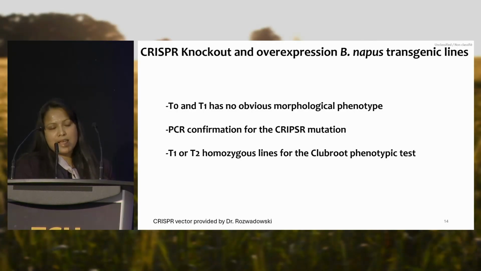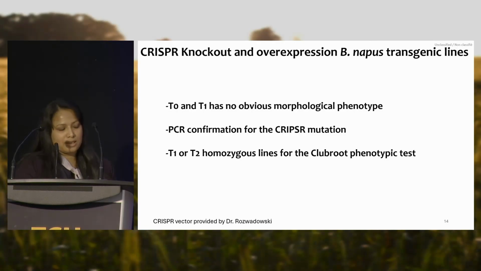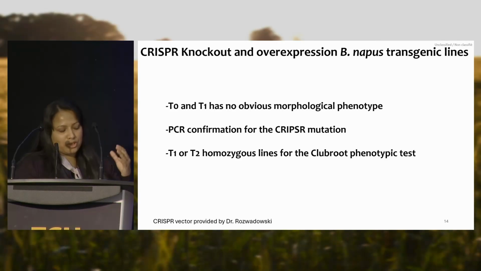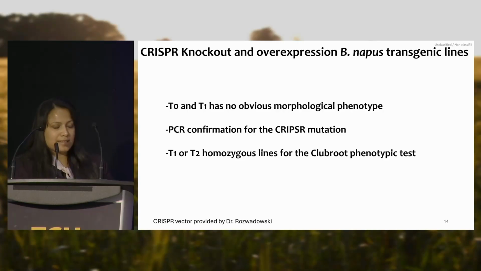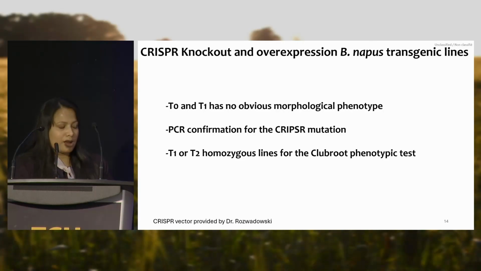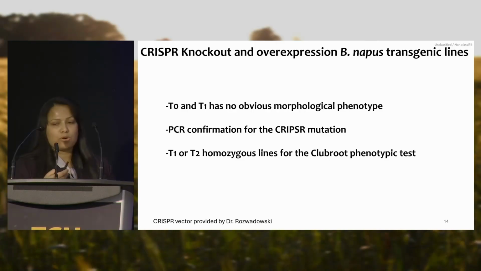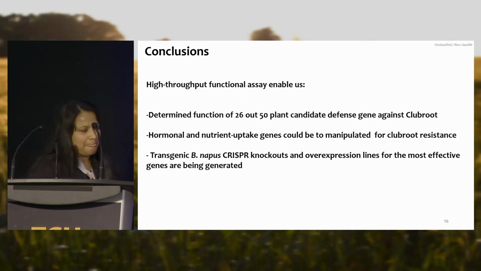We have some successful edits, but we still need to proceed with full confirmation of these mutations. Once we have those homozygous lines and knockout confirmation, we will subject them to the clubroot phenotype test.